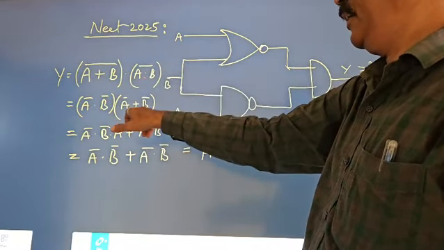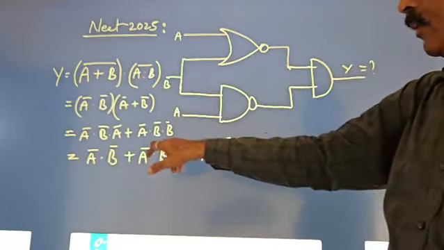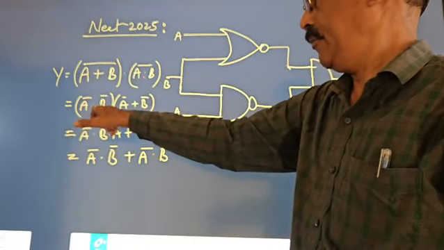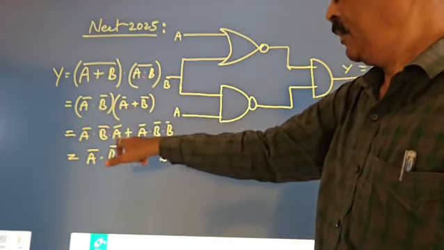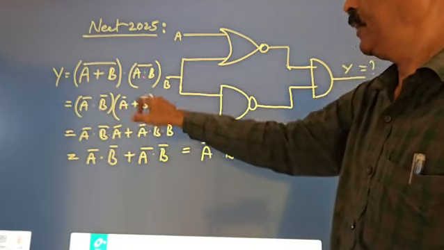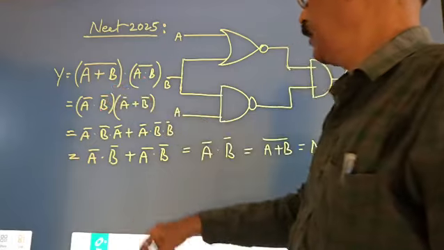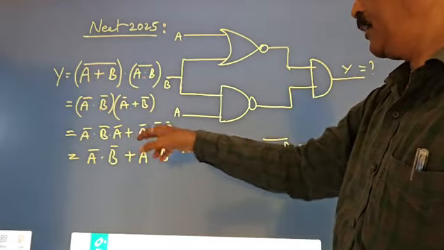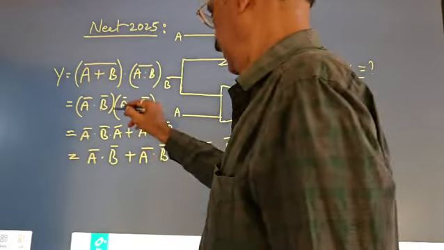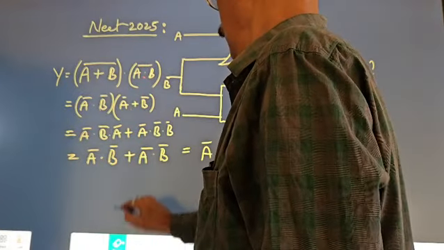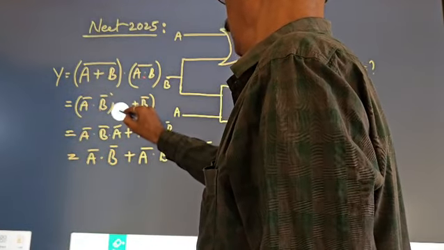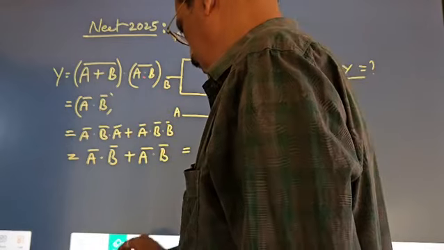A dot B bar is A bar plus B bar. So if you multiply A bar dot B bar dot A bar, here dot is there, dot A bar plus, here you will have dot.